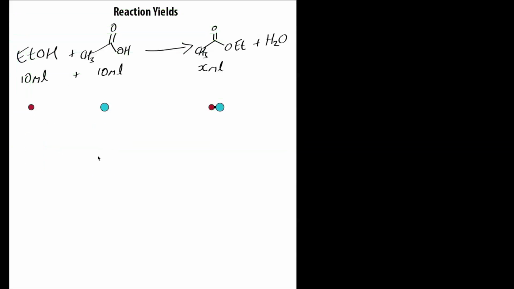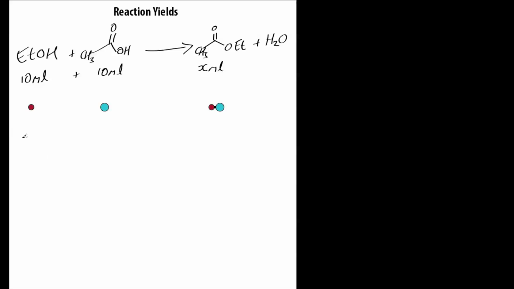Okay, now to do it systematically we need to work out how many molecules we've got in 10 mils. To do that we need to convert it to mass, because the mass of the atoms will determine the actual mass of the formula that we've got.